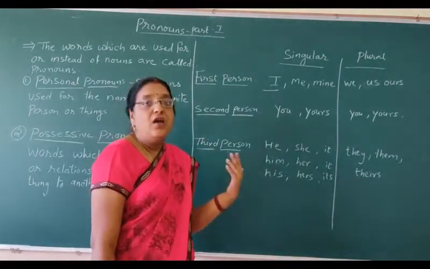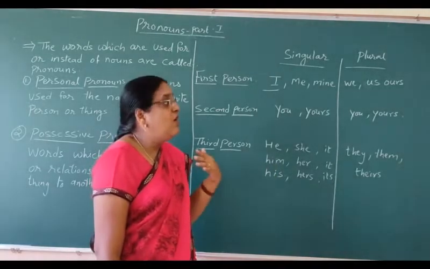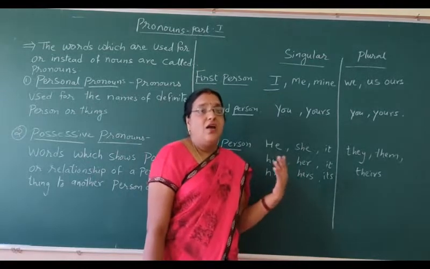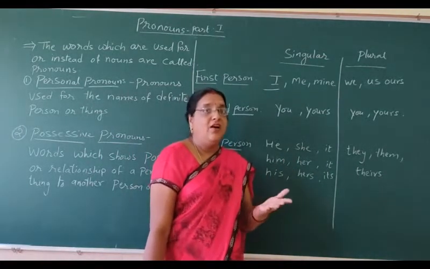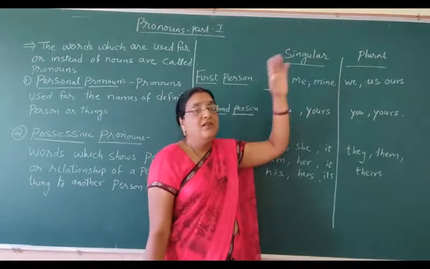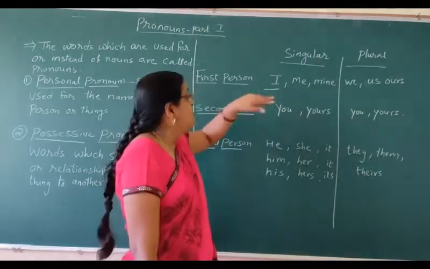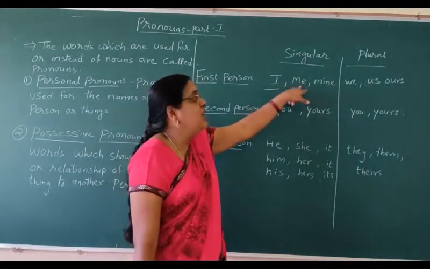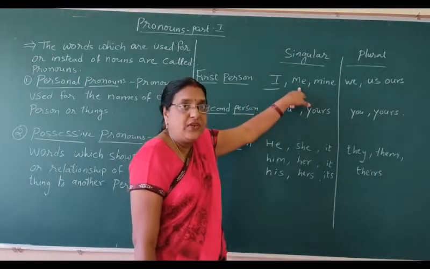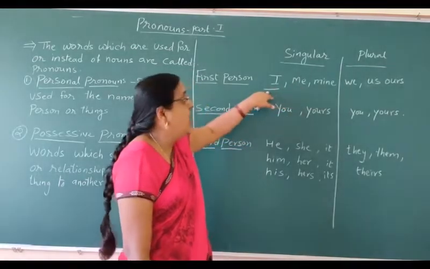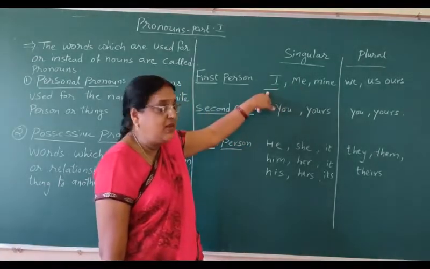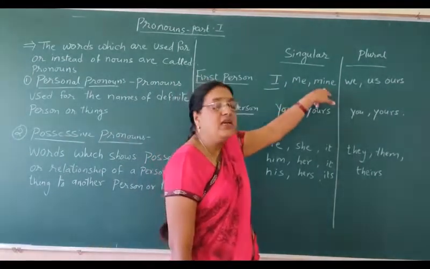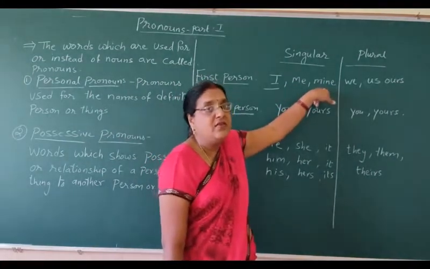And the object that is possessed by someone, or related to someone, is the possessive case. So I is the subjective case, me is the objective case, and mine is the possessive case.